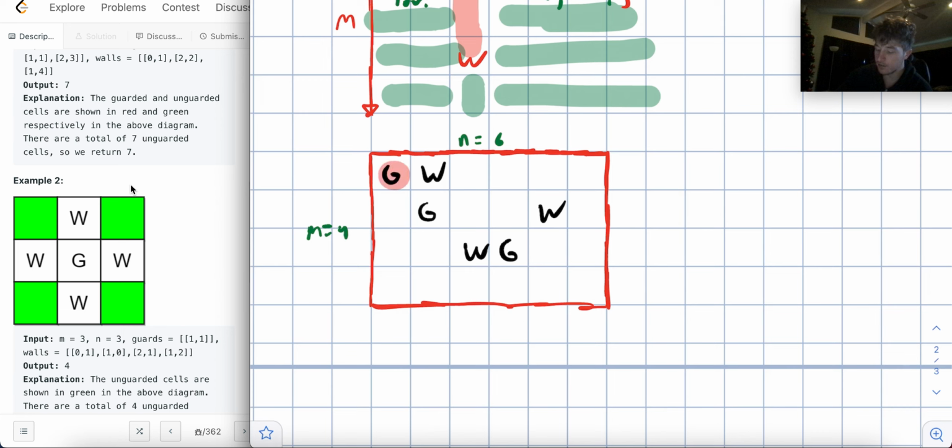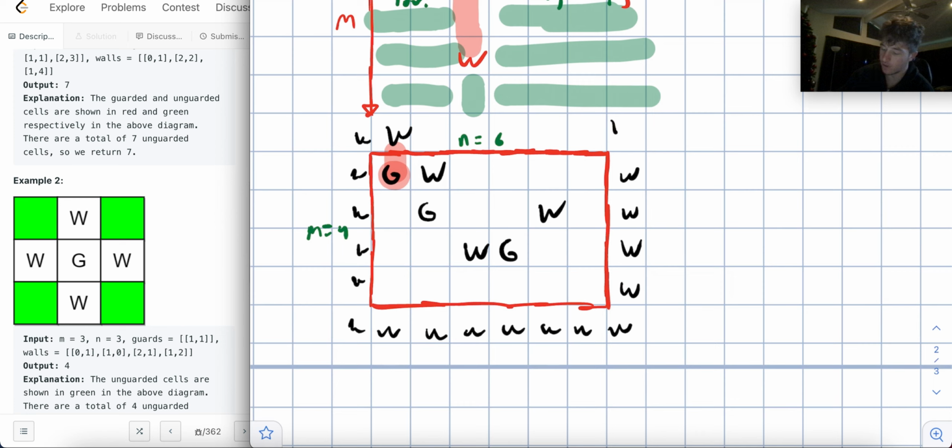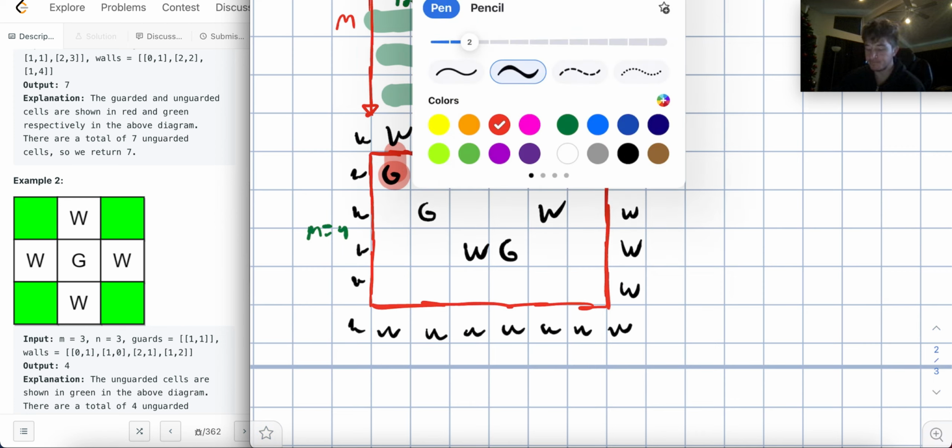Well, this guard can't look up because there's nothing there. You can imagine that these are all just walls. Technically these are walls on the edges, so you can't see anything above.